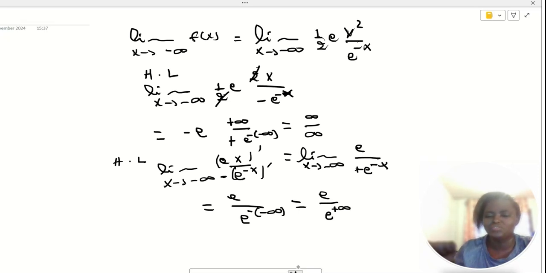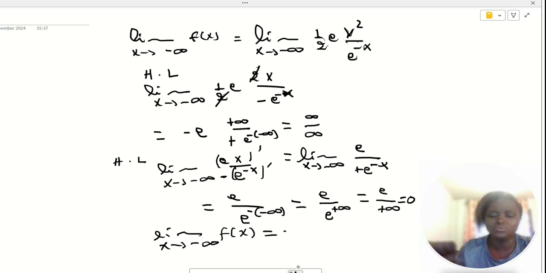E power plus infinity is plus infinity, then this is e over plus infinity, and any number over plus infinity is equal to 0. So we have the limit when x tends to minus infinity of our function f of x is equal to 0. So what does it mean?